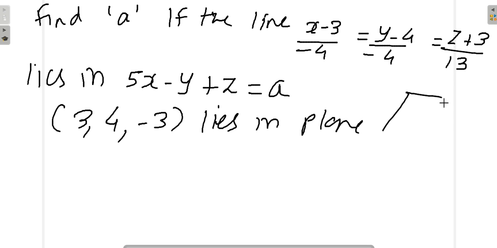It is obvious, because as this line lies in the plane, every point on the line will lie on the plane. So in this, just put x equal to 3, y equal to 4 and z equal to minus 3, and we should get a.